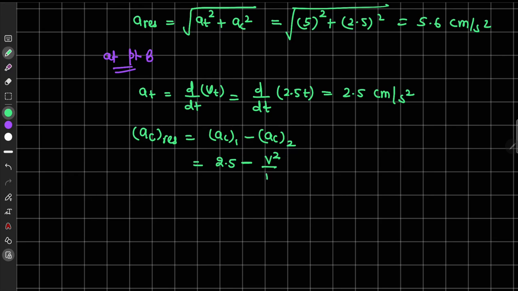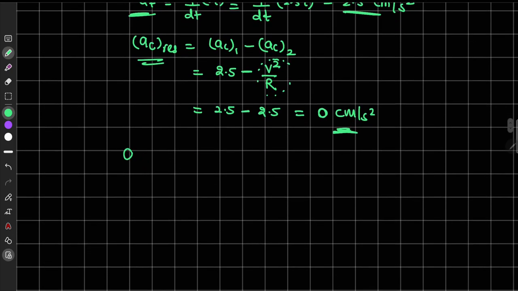That is V square by R, and that we can write it as 2.5 minus 2.5, because this V square by R is same everywhere, so that is equal to 0 centimeter per second square. So basically at point B, the resultant centripetal acceleration is 0, and the tangential acceleration is 2.5 centimeter per second square. So the resultant acceleration we can write it as 2.5 centimeter per second square.